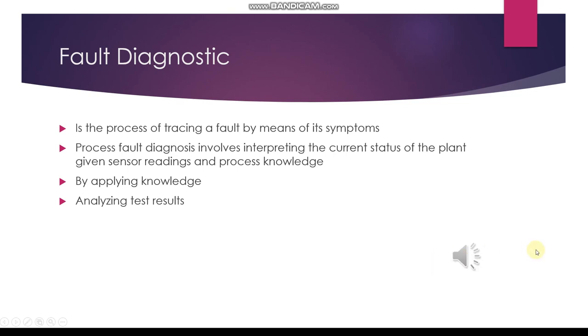The last slide for me shows the fault diagnostic. There are obviously a large number of potential different fault types. These faults can be systemized somewhat by considering the type of characteristic defect frequency generated, like synchronous to rotating speed, subsynchronous, harmonics related to rotating speed, and non-synchronous harmonics. So fault diagnostic is the process of tracing a fault by means of its symptoms.